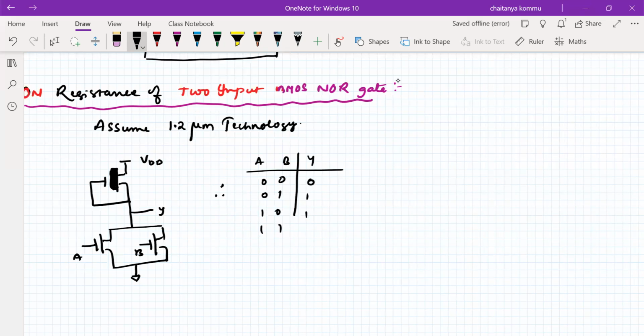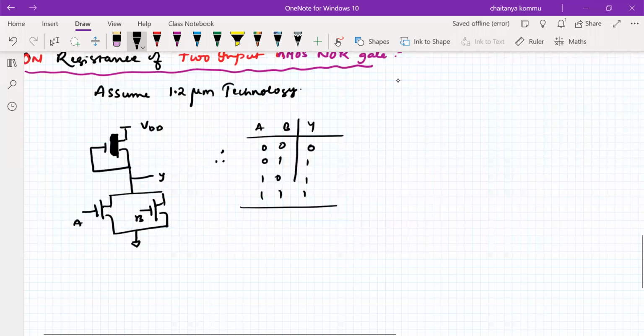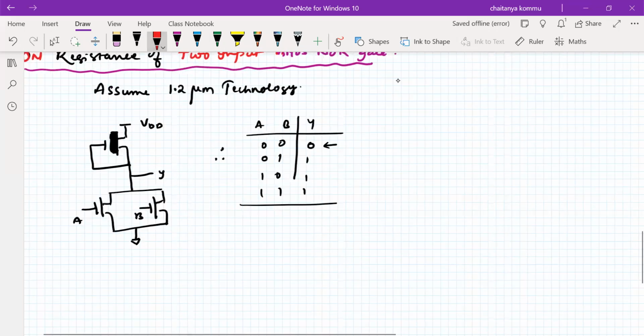As we know, this is the simple OR gate functionality: except when the input is logic 0 0, in all other cases the output is logic 1.